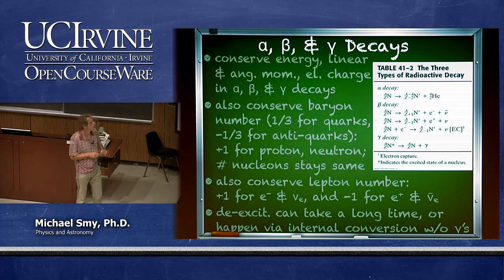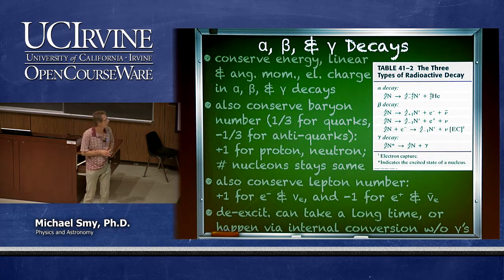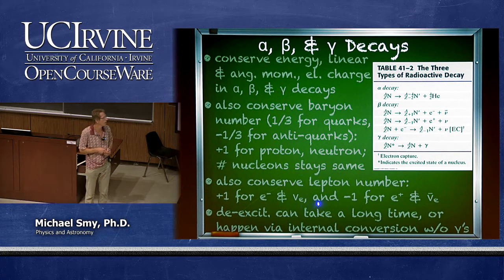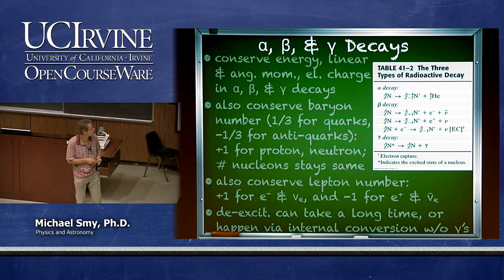And therefore, this baryon number conservation implies that the number of nucleons stays the same. Not the number of nucleons that are remaining in the nucleus, but the total number of nucleons in the universe should stay the same. It also conserves the so-called lepton number, where we assign a lepton number of +1 for electrons and neutrinos, and a lepton number of -1 for positrons and antineutrinos. Then alpha, beta, and gamma decays will all conserve the total lepton number in the universe.